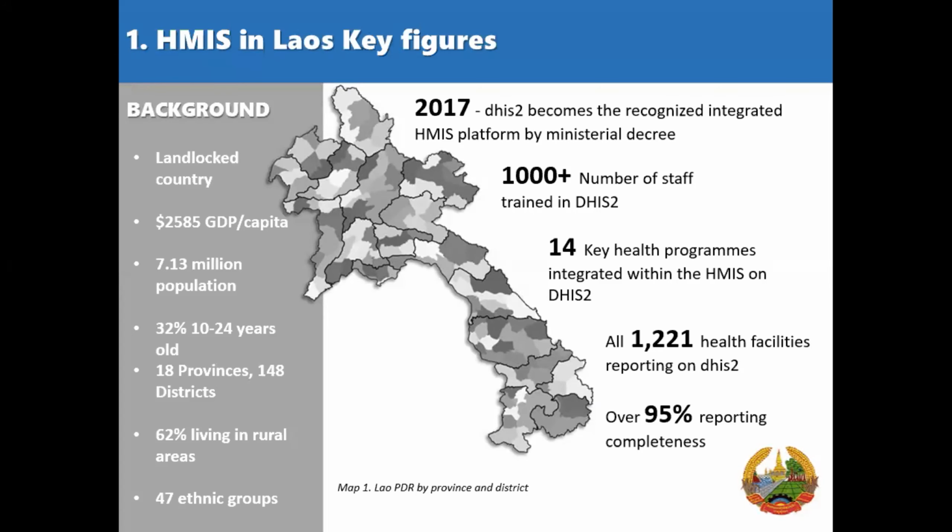So far 14 key health programs have been integrated into the DHIS2 system, as we can see later on. More than 1,200 health facilities, including the central hospital, provincial, district and health centers, are already using the system to enter data. And when we check the automatic report, already 90% reporting is completed.